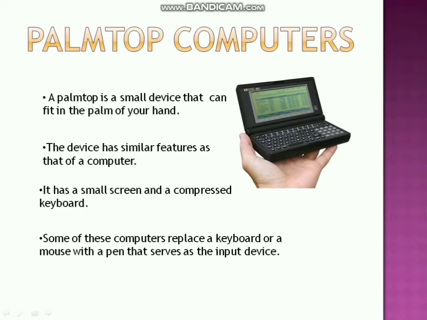Instead of that, they will use a touch screen and a pen as input and output interface. These computers are preferably used as phone books, calendars and all. It is limited in use compared to full-size computers, but still it can be kept in pockets and used as phone books, calendars, calculators, etc. So this is all about palm top computers.